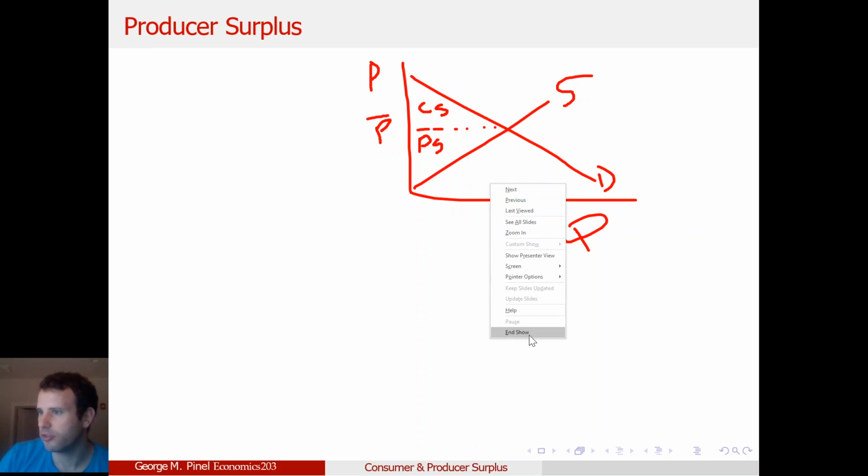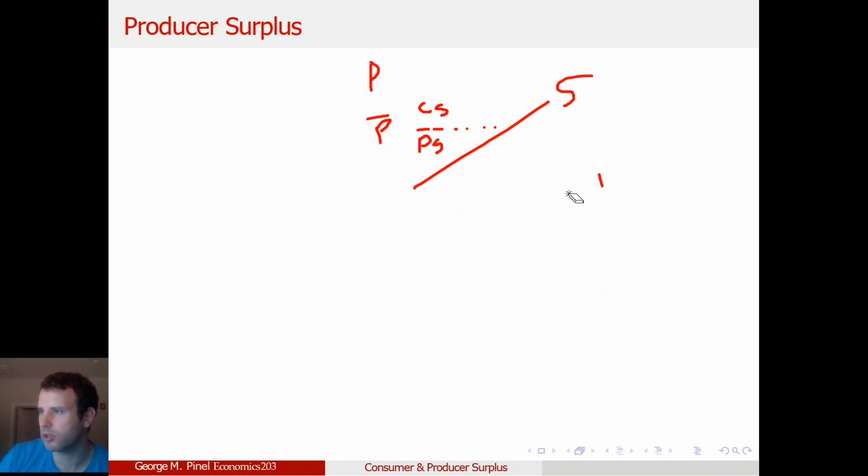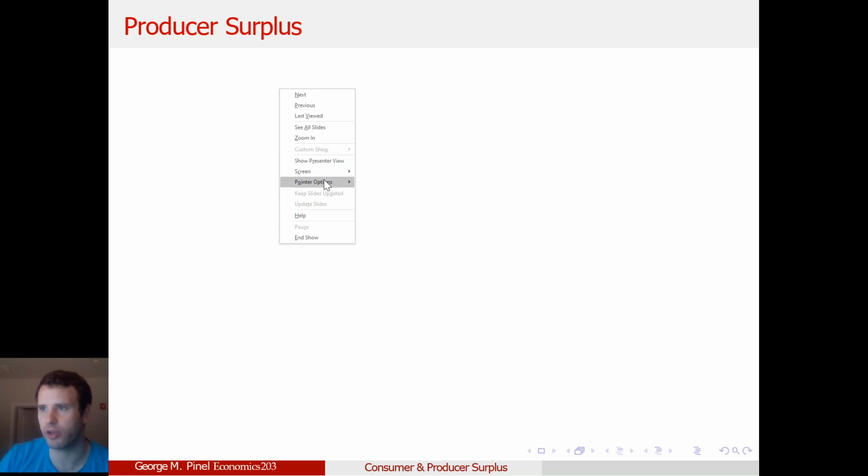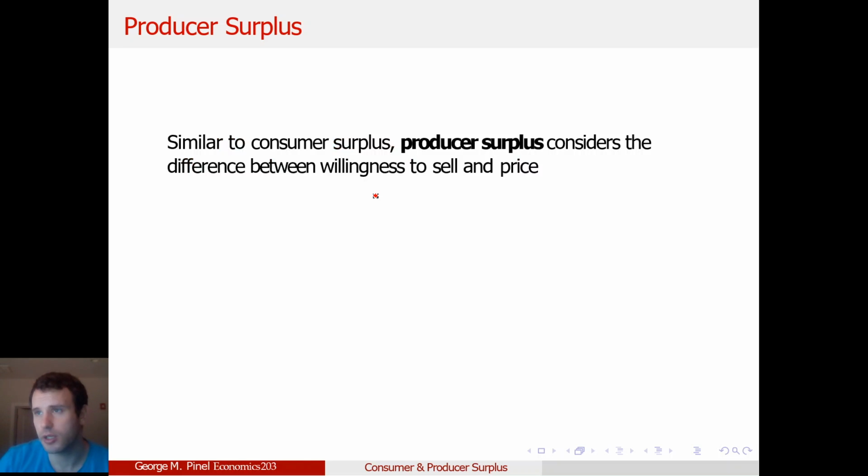So we can go right through them real quick. It's not very different. So once you have your supply curve and your equilibrium price, you can calculate producer surplus pretty easily. It's just the same way that demand is. It's just the area above the supply curve now. So producer surplus is the difference between willingness to sell and price.